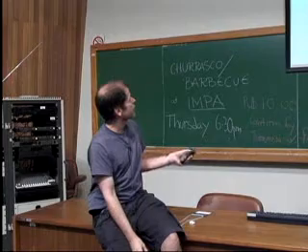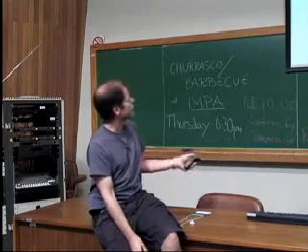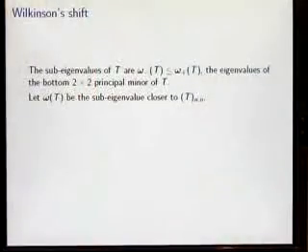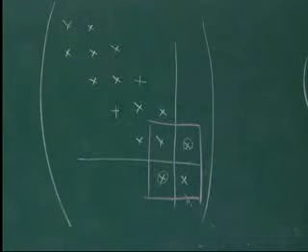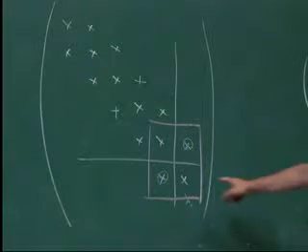So, you take the 2×2 principal minor of T, let omega of T, so we consider this block here. You compute its eigenvalues. It's a 2×2 matrix. It's easy to compute eigenvalues. And you check which is closer to this.